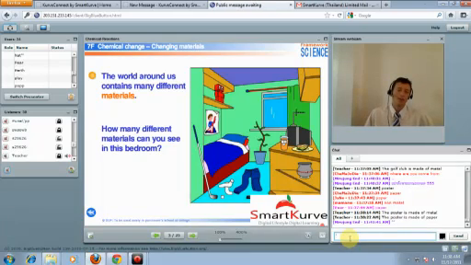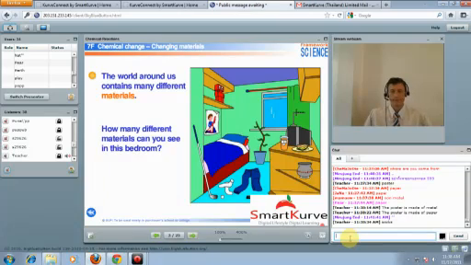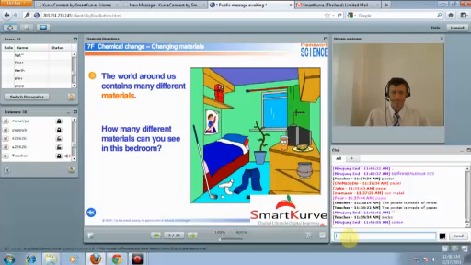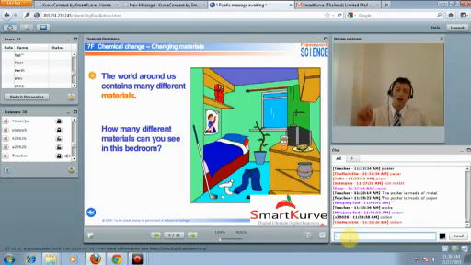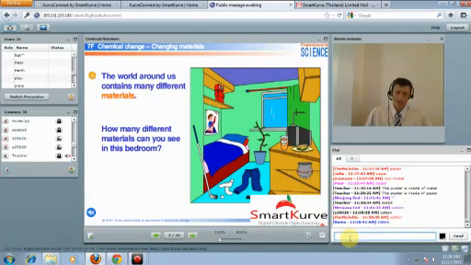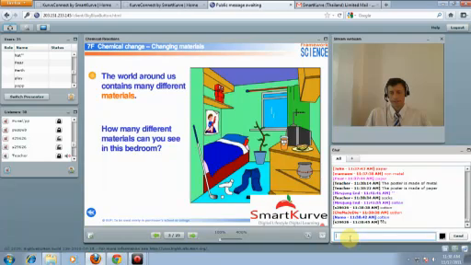All right, how about another example? Let's use the socks. What is the material of the socks? Cotton. Very good. All right, so I want to see a complete sentence about the socks.